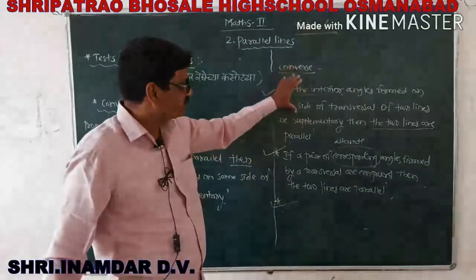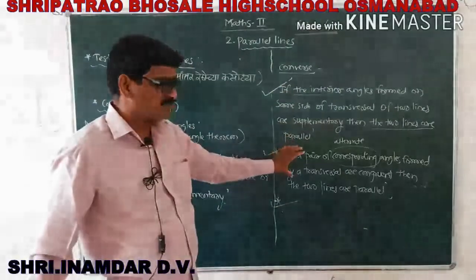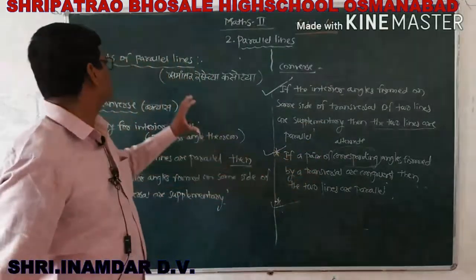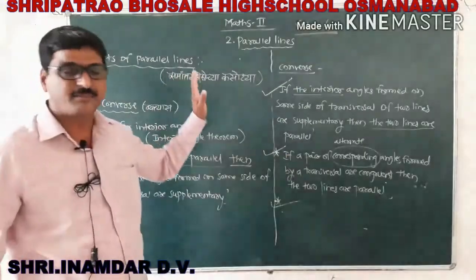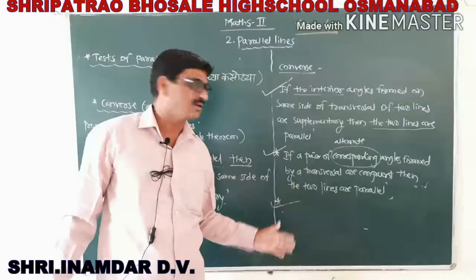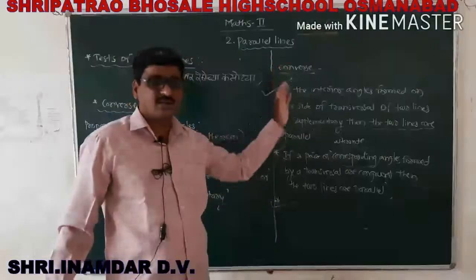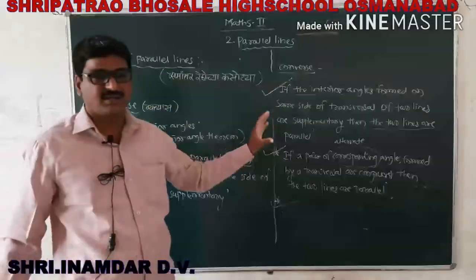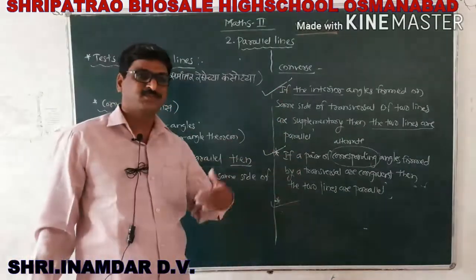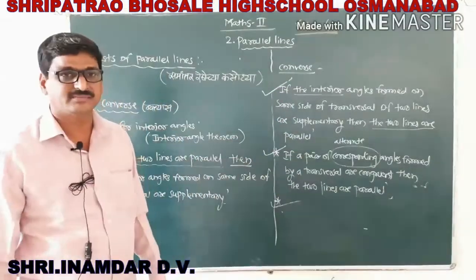From the interior angle test, corresponding angle test and alternate angle test, we say that the two lines are parallel. We see these three statements as the tests of parallel lines, and their proof we will see in the next period. Thank you.